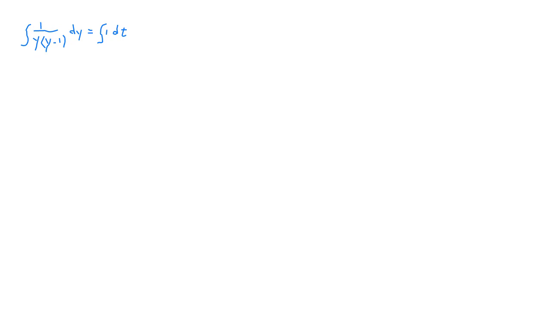And we're going to use partial fractions. So 1 over y times y minus 1 is going to equal, we break it up into something over y plus something over y minus 1.